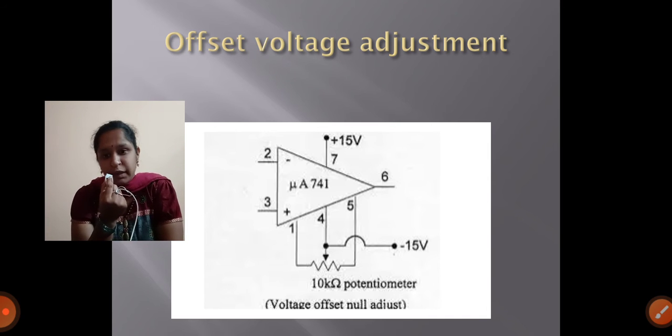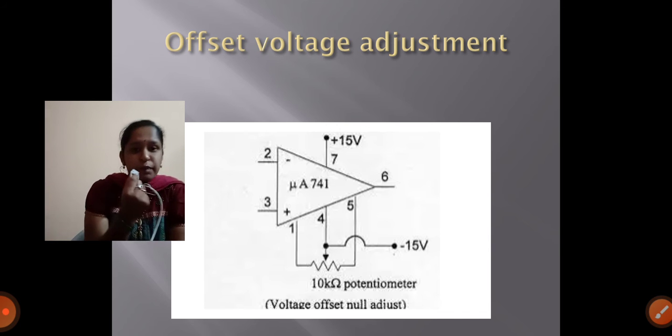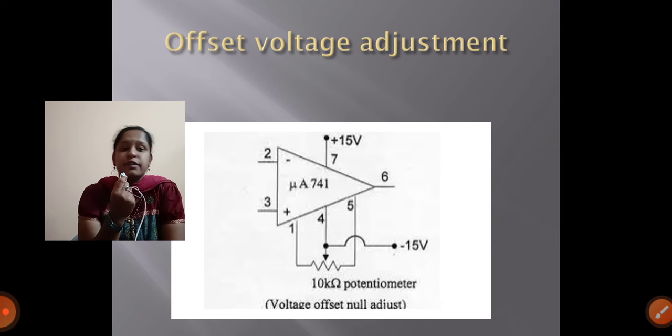Have you remembered what I explained about the pin configuration of IC741? I told that the 1 and 5 are the offset voltages. Yes, 1 and 5 are the offset voltages.